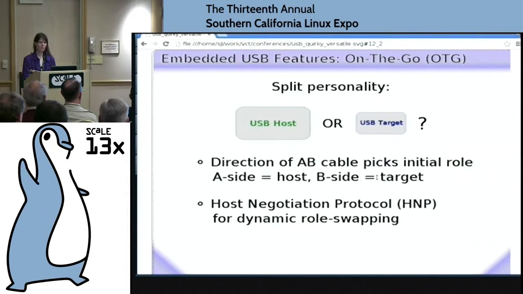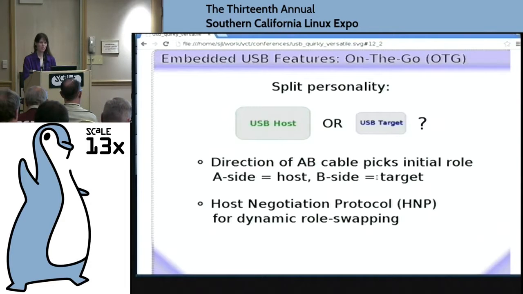Now we have the little twist. Remember how I told you that the USB hosts are just complete dictators and they never listen to their minions, they just command them. Okay, you, report. Now you get a command. Well, the host negotiation protocol is part of the on-the-go specification for USB, and it works between two devices that have the split personality.